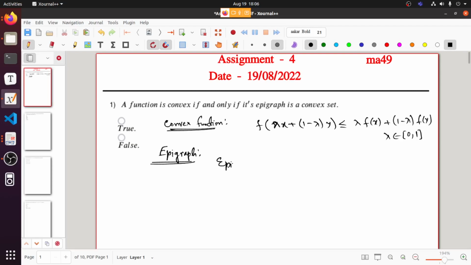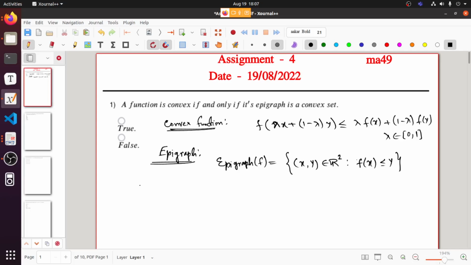We will denote it by epi of f, and it is the set of all points (x, y) belonging to R^2 such that f(x) is less than or equal to y. So this is the definition of epigraph. So this is a set, and f is convex if and only if this set is a convex set.